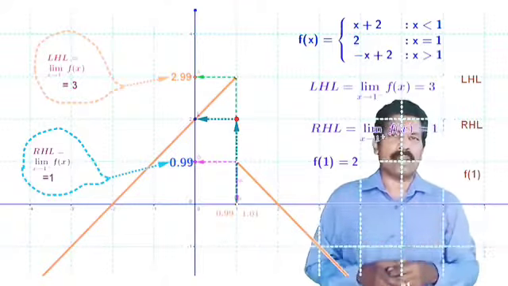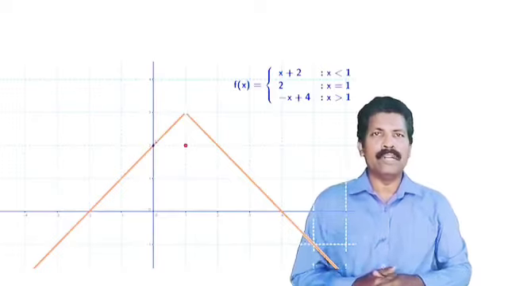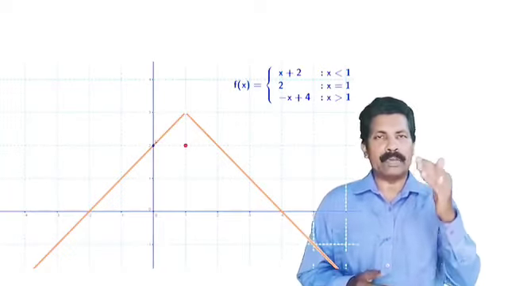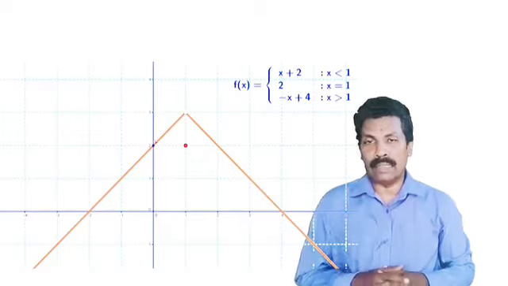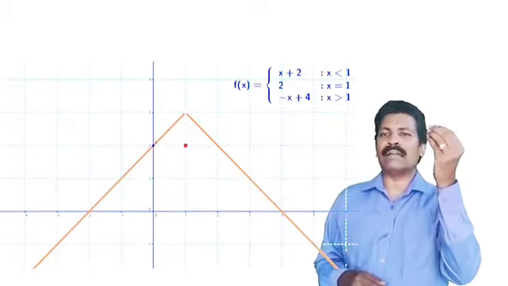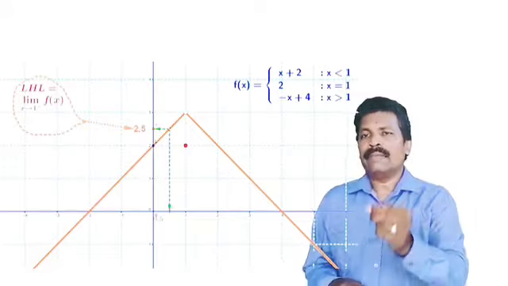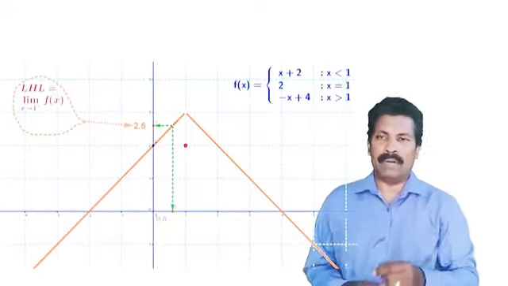Now let us consider another example. Say f of x is equal to x plus 2 when x is less than 1, 2 when x equal to 1, negative x plus 4 when x is greater than 1. Again we are going to take the LHL and RHL at x equal to 1. So let us consider the left hand limit. Again x is approaching 1, taking values slightly less than 1.